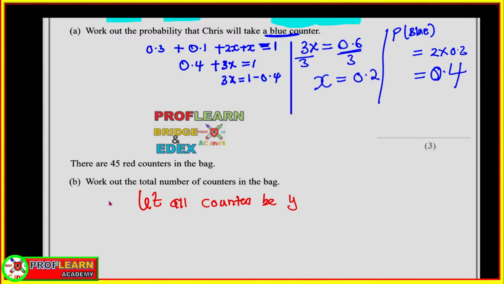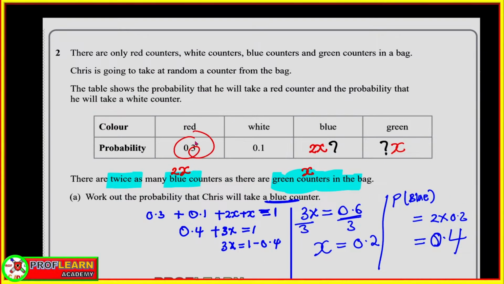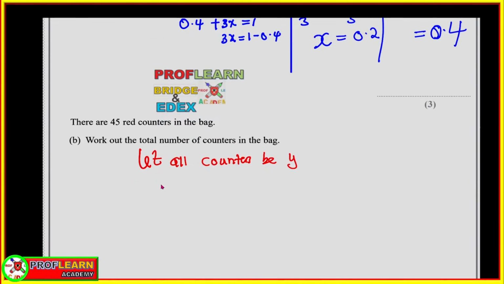So meaning that if we know the probability of red, you can see the probability of red here is 0.3. So 0.3 times y must give us the 45 they are telling us.